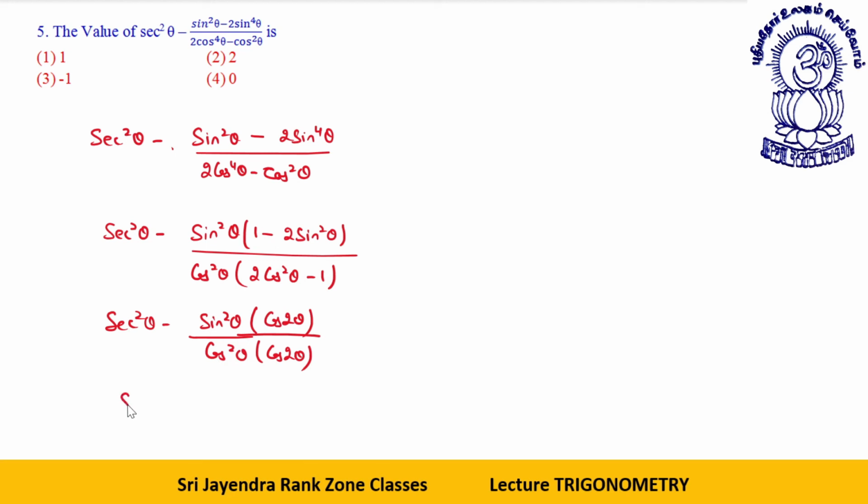So this will be sec square theta minus sine square by cos square, as this and this cancel, is tan square theta into nothing. Sec square minus tan square is 1 and this is your answer. Okay, dear friends, let's take the next one. I hope this is clear to all of you so far.